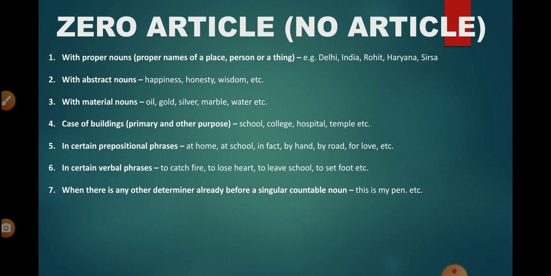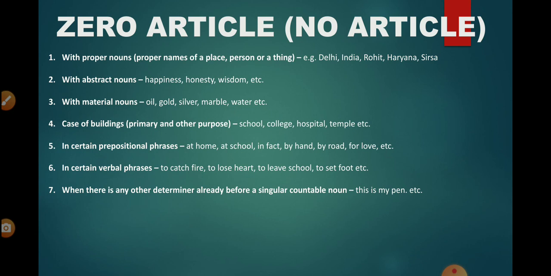Similarly, we can take an example of a hospital. For example, I was sick, so I visited hospital. I was sick and I visited hospital. Hospital is meant for sick persons and doctors treat sick persons, so we haven't used the with hospital.